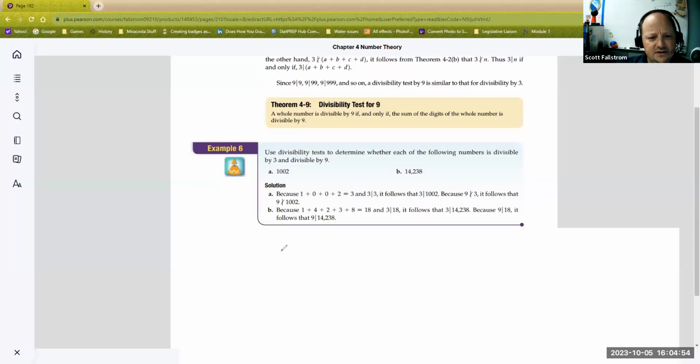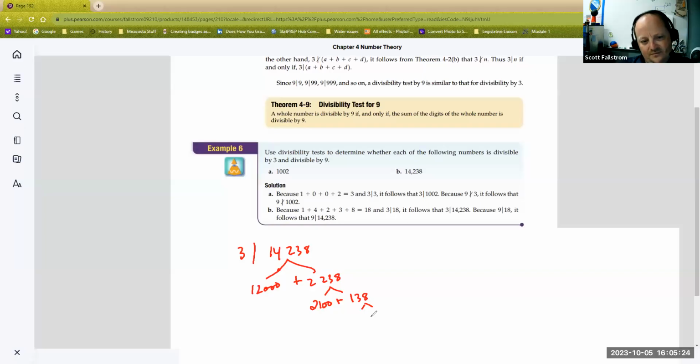So take your 14,238 and say, does 3 divide this? Then divide out some chunks that you know work definitely, like 12,000, because 3 goes into 12. Plus 2,238, perfect. 3 doesn't go into 22, but goes into 21. So let me take off 2,100 plus 138. And then does 3 divide this at all?